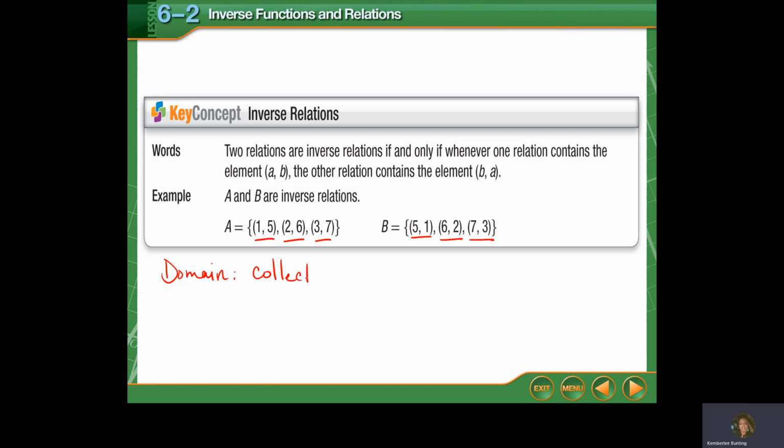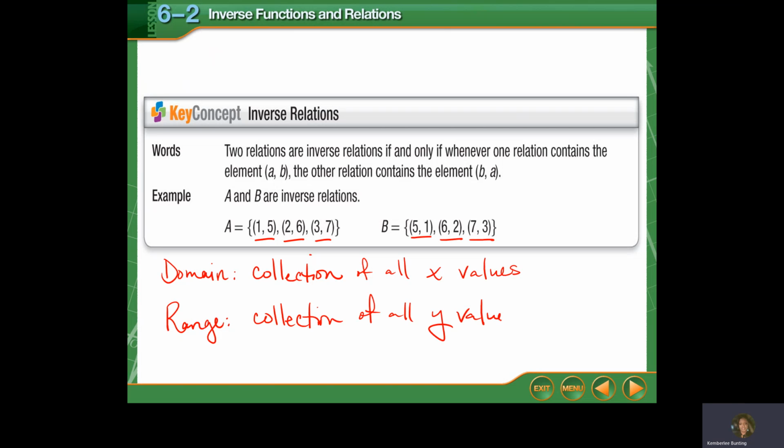You all need to write this down, because by now we've been using domain a lot. You all need to remember this, okay? The domain is the collection of all X values, or input values, if you will. The range is the collection of all Y values, okay?